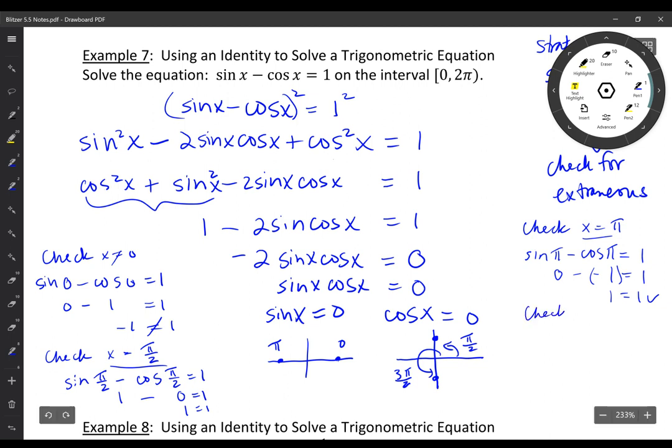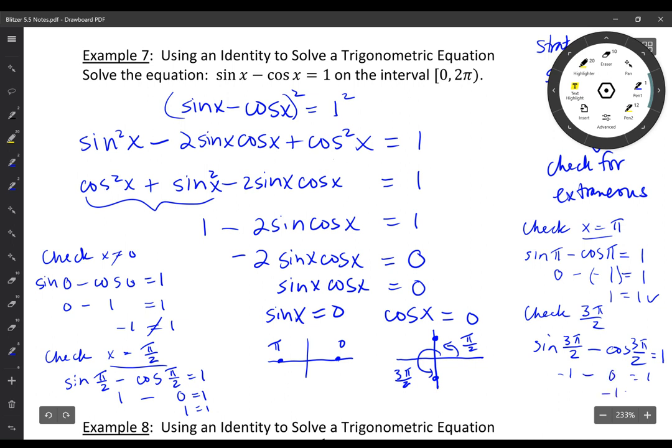But what about 3 pi over 2? So sine 3 pi over 2 minus cosine 3 pi over 2. Does that equal 1? At least the equation we're checking is pretty simple. So my sine of 3 pi over 2 would be a negative 1, and my cosine would be 0.